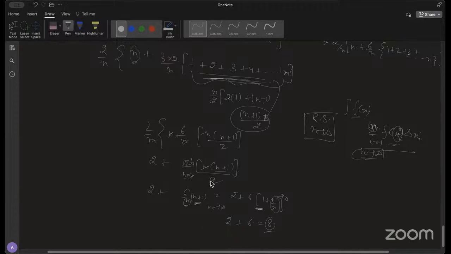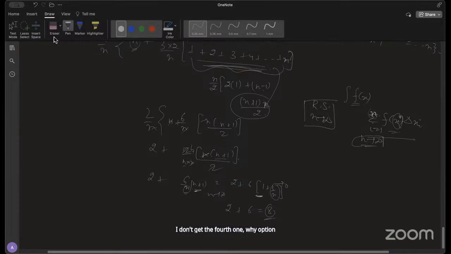And I don't get the fourth one. Why is option 4 correct?